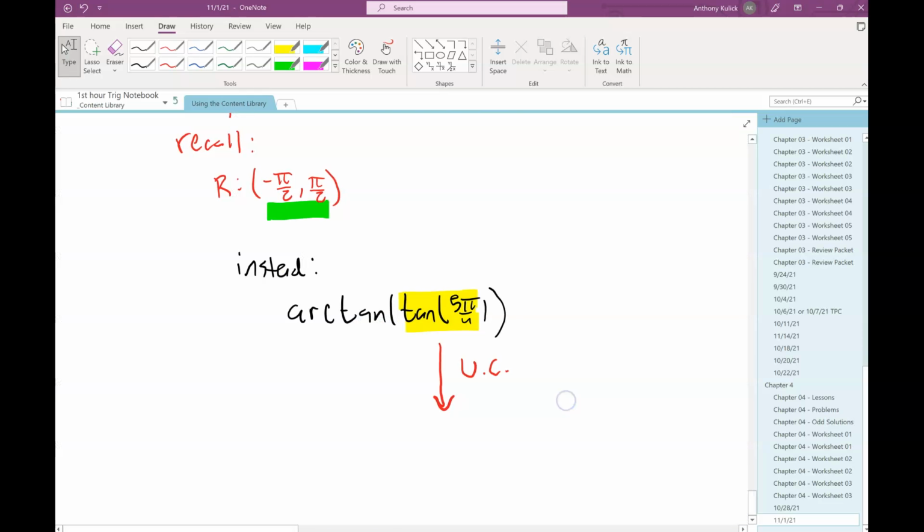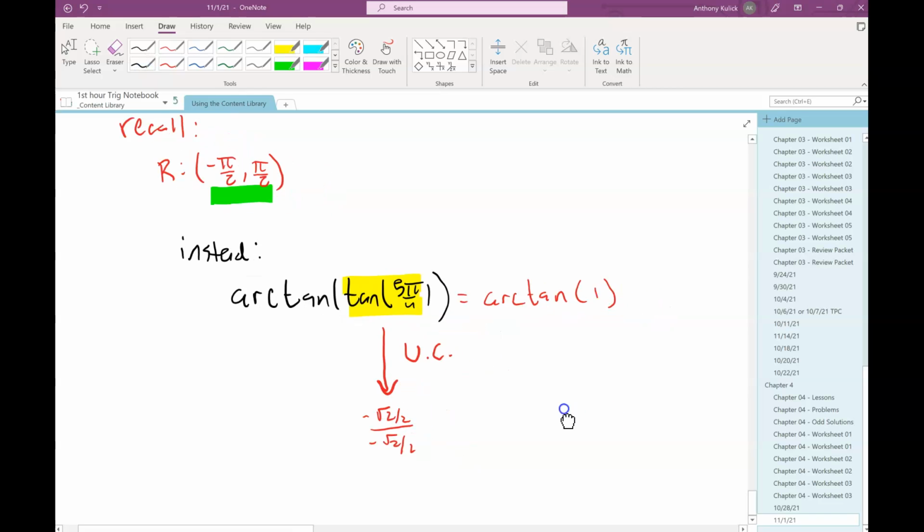When I do that, I get negative root 2 over 2 divided by negative root 2 over 2, which is really just 1. Everybody's okay with that?